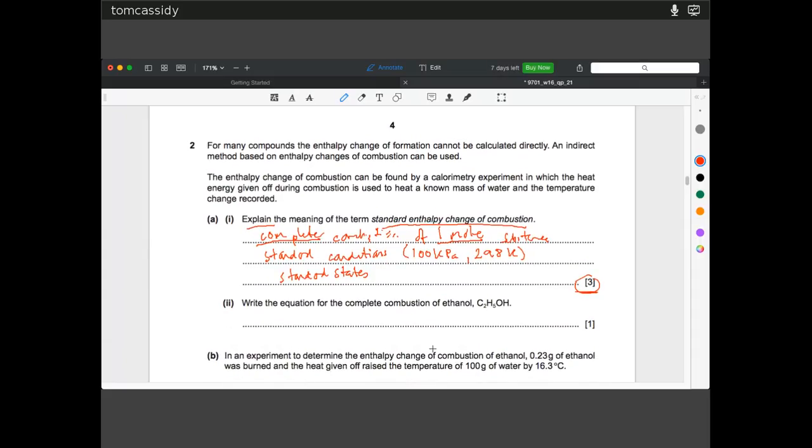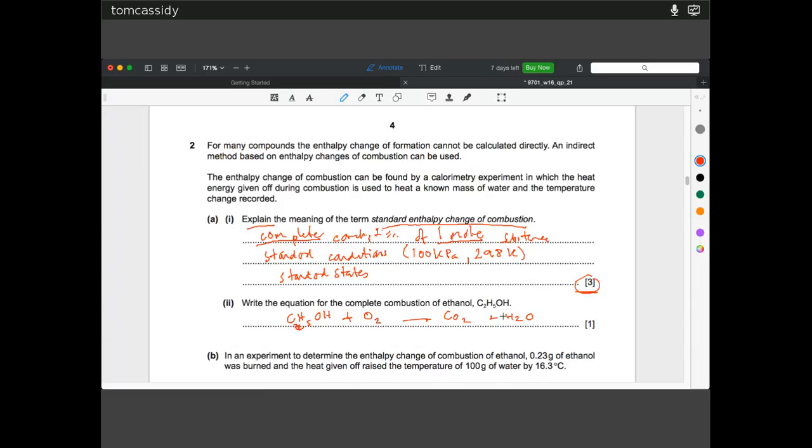Okay, so we've got to write the complete combustion of ethanol. Let's write that out. C2H5OH. Combustion, of course, we're making carbon dioxide and we're making water. It's complete combustion. We've got carbon dioxide, not carbon monoxide. We've got plenty of oxygen to make this happen.